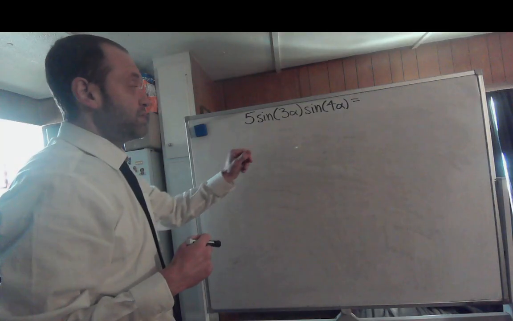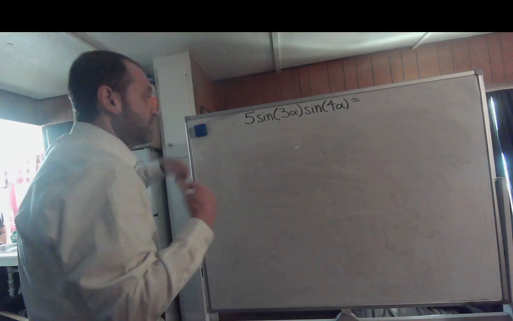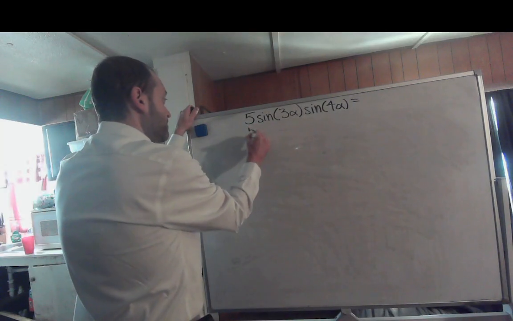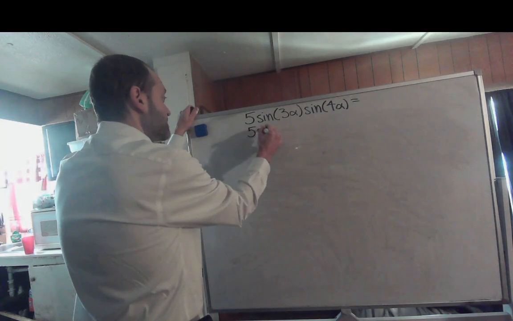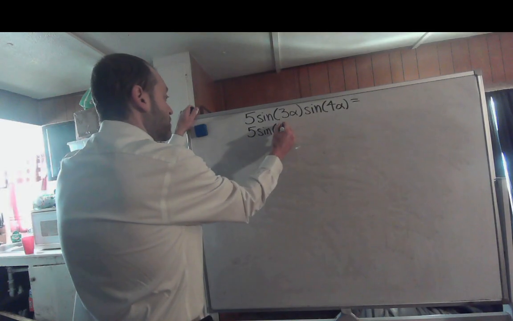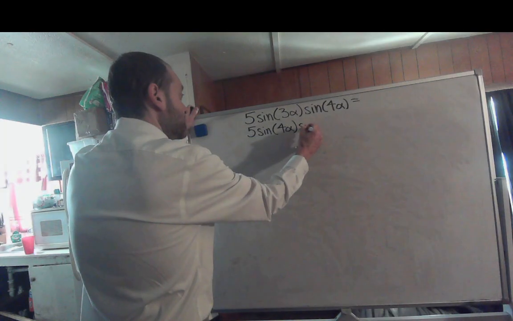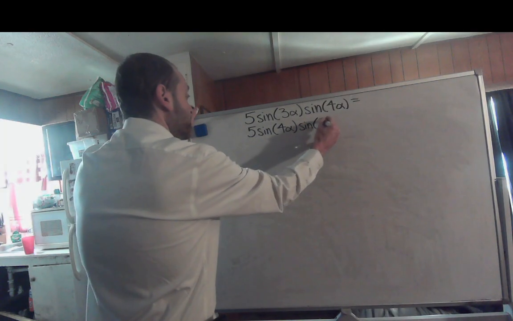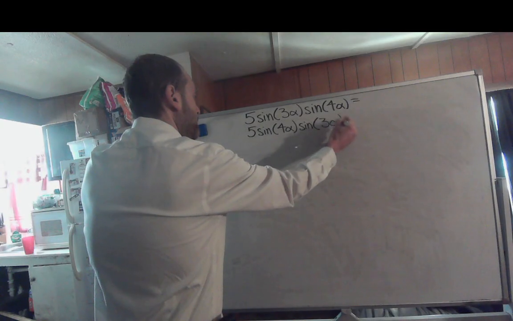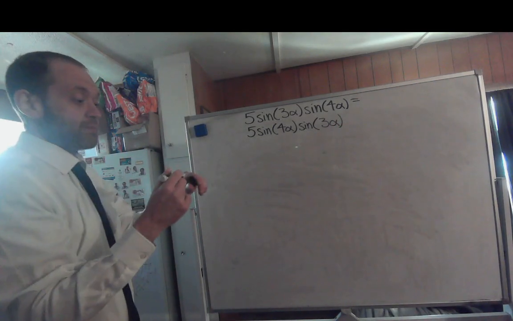If they're the same function, put the greater of the two first. So this can be rewritten as 5 times the sine of 4 alpha times the sine of 3 alpha. That would probably make more sense.